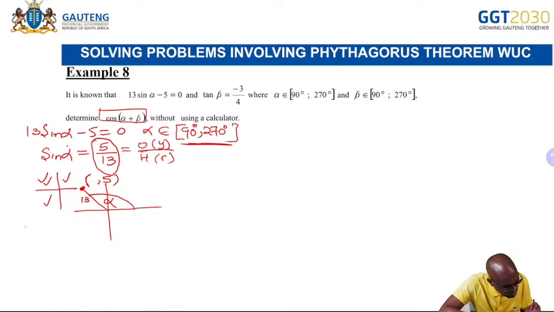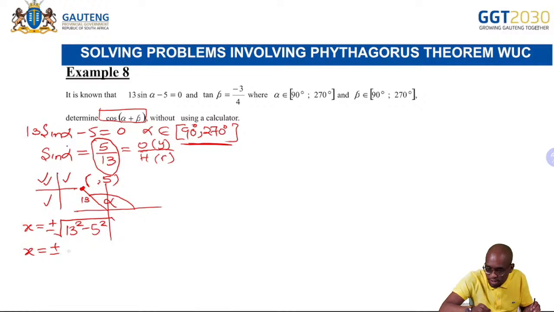So in order for us to find x, x would be plus minus the square root of r squared, 13 squared minus 5 squared. 13 squared minus 5 squared, you get plus minus 12.